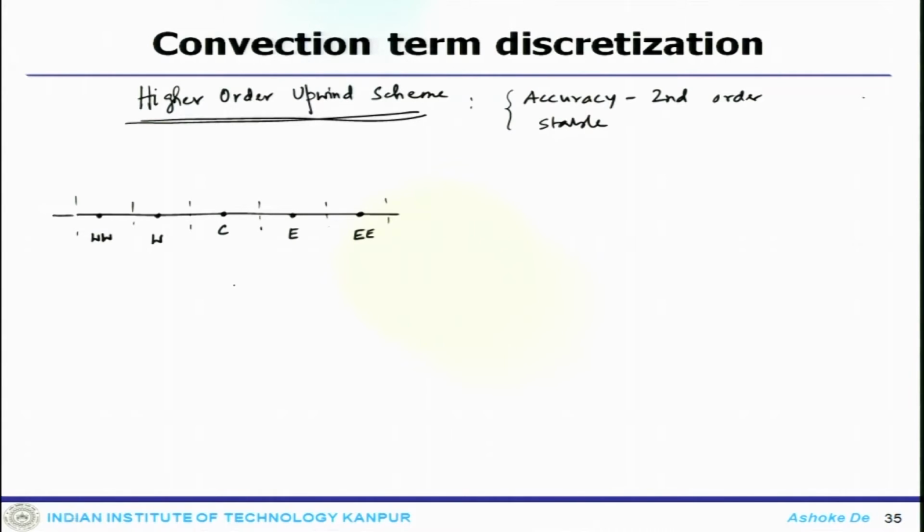Now, to get an upwind kind of system, one can say that the one ahead of this, instead of E, you can say it is downstream of that if the flow field is in this direction, and the flux at this particular element face, this is the F, then the Vf is in this direction.